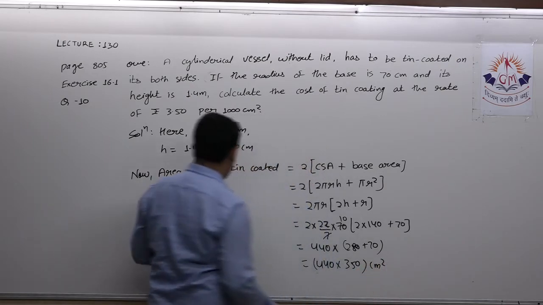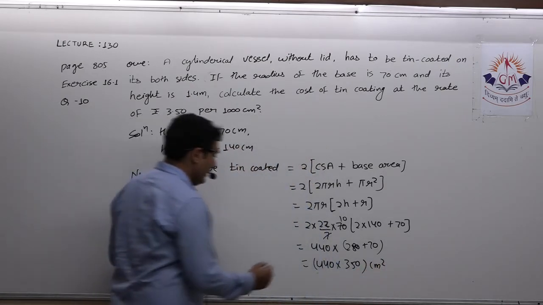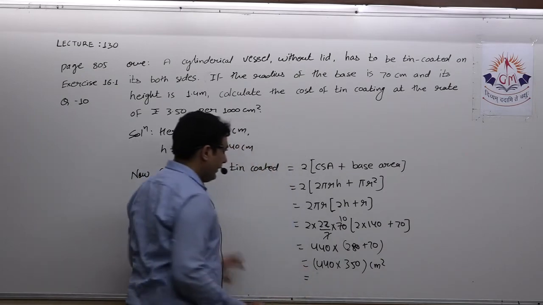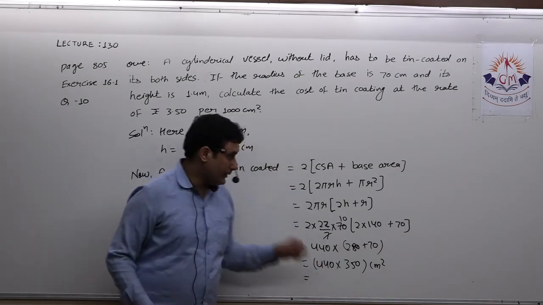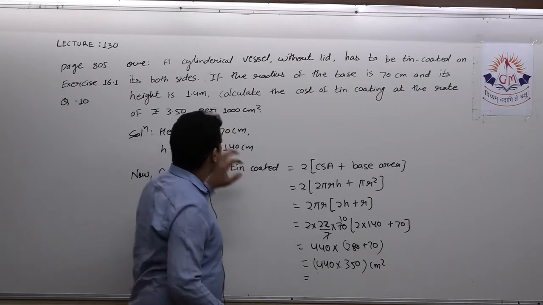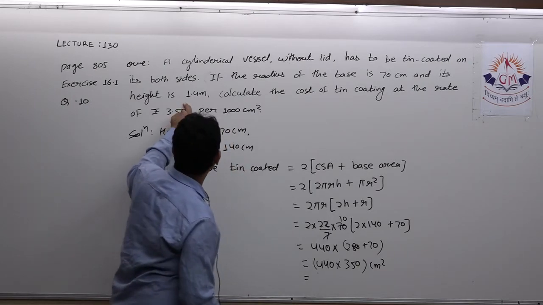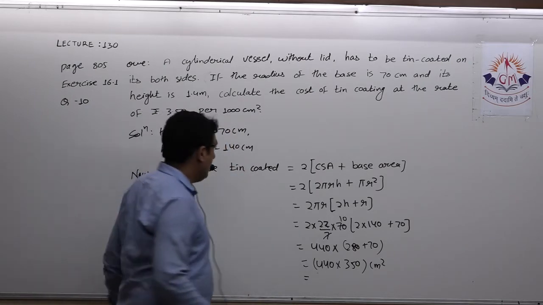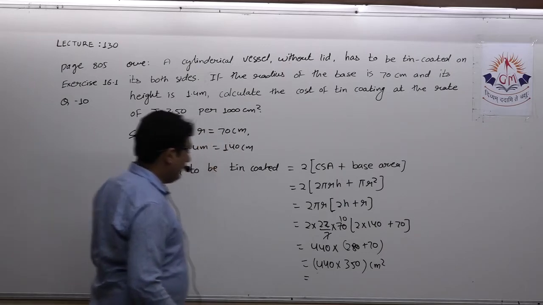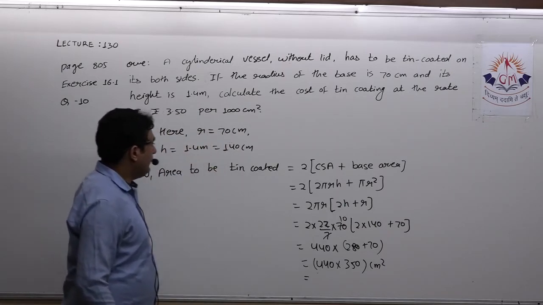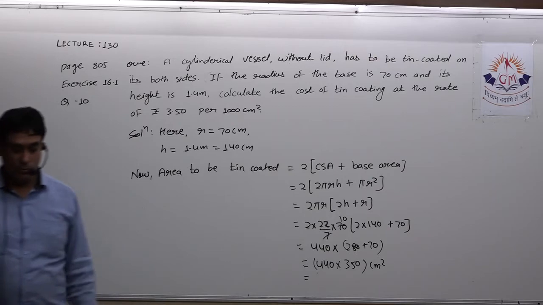This is the total area to be tin coated. However, it is not required to find the multiplication because they are not asking for the area to be tin coated. Simply we have to find the cost. Okay, so please note it down up to this point, then we'll see how to find its cost.